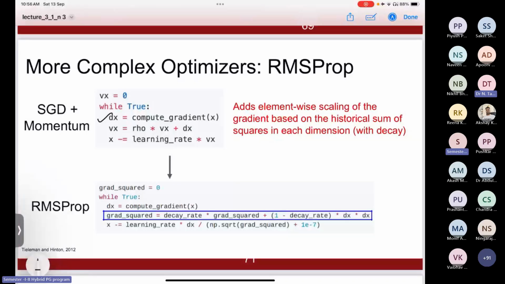One is the saddle point and the local minima, but that is a global problem. Whatever we are doing here, in every case the goal is to reach the global minima. Whenever we are optimizing, our focus is to solve the local minima and saddle point problem.